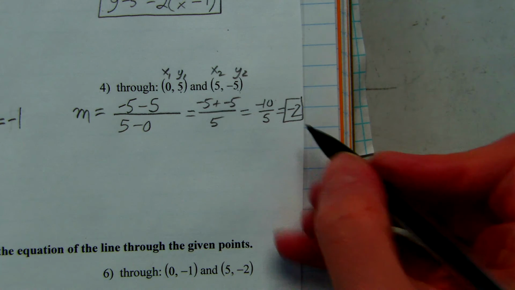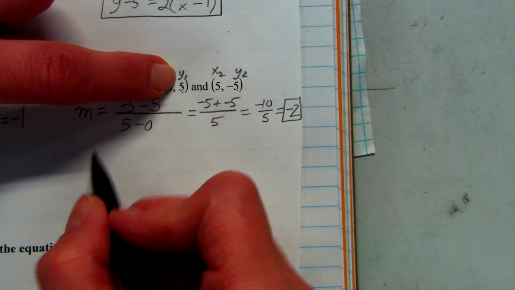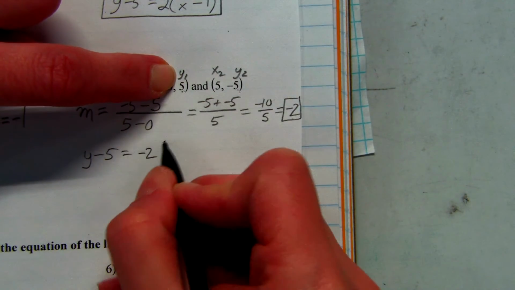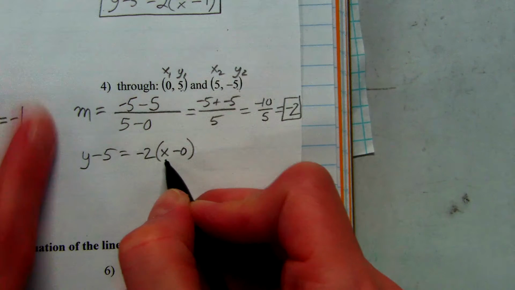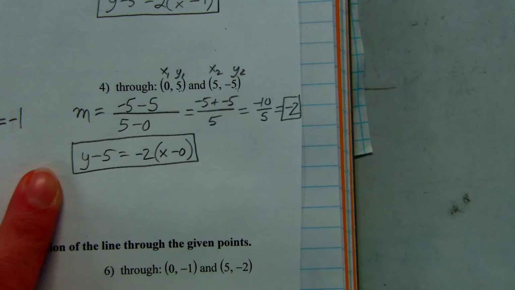And so then if I put this into the formula, I'm going to use 0 and 5. So I'll have y minus 5 equals -2 parentheses x minus 0. Now if you have x minus 0, you can write it all out just so it's the same as all the others.